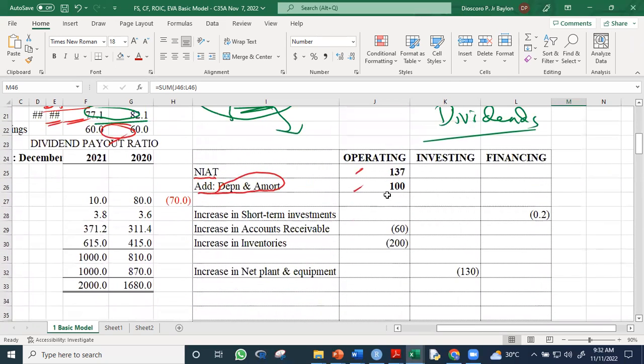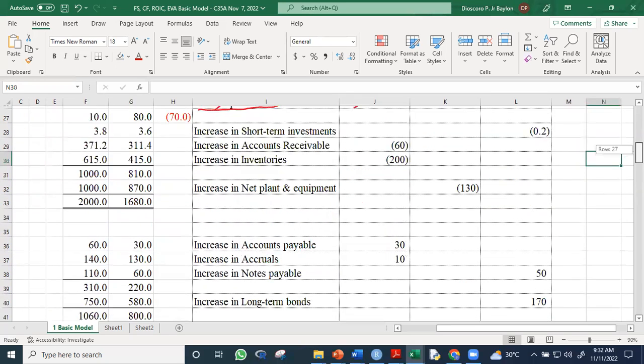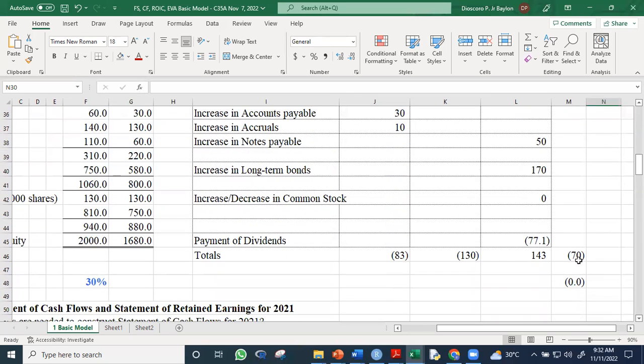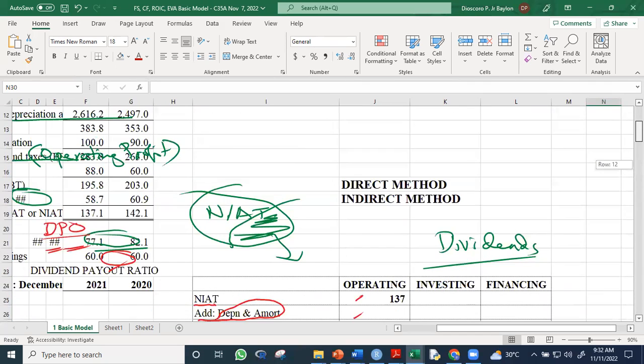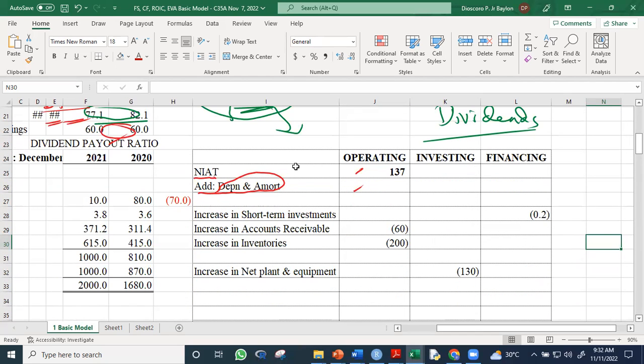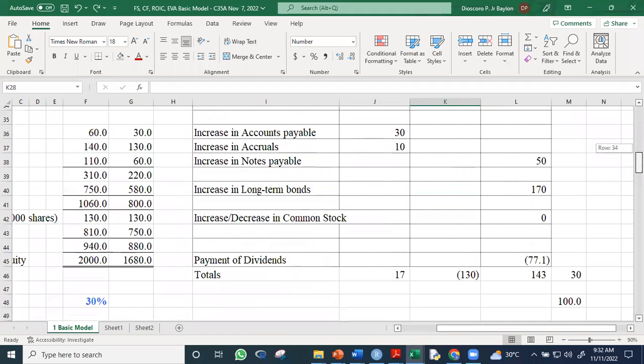However, there's only one 100 here, and that's the depreciation and amortization. And I said, if we delete this, then our balance will now be okay. However, we said that this is wrong because net income after tax is not equal to cash. So that's why we have to adjust it really by adding back depreciation and amortization. So where is the mistake here?